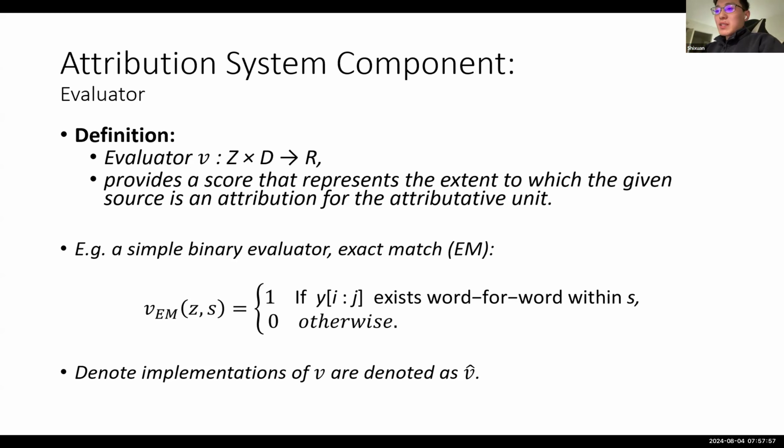One thing I want to mention is that we also denote the implementations of an evaluator. As you may notice, the evaluators are actually different from their implementations. For example, an evaluator could be the counterfactual change of loss by removing one training instance.